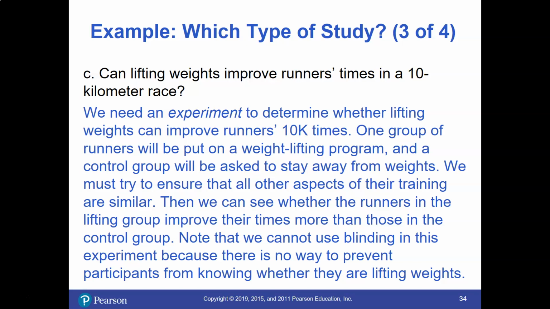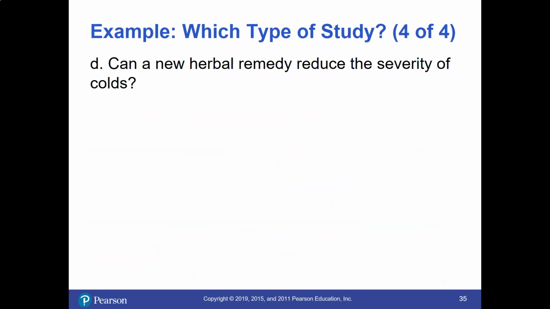Look at their improvement and see if one group improved more drastically than the other. All right, there's an interesting note at the end. We can't use blinding in this experiment because there's no way to prevent participants from knowing whether or not they're lifting weights. That's kind of funny.